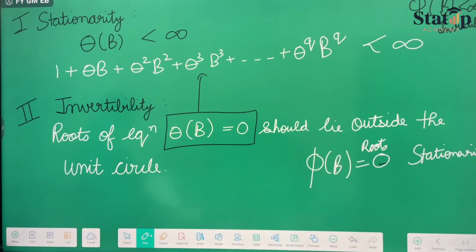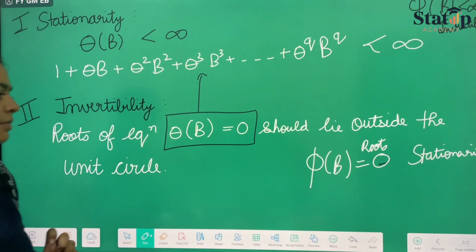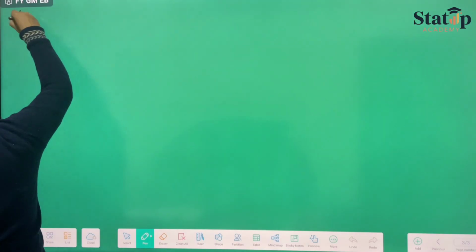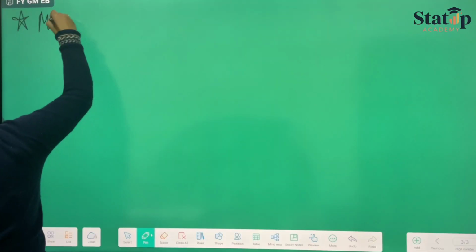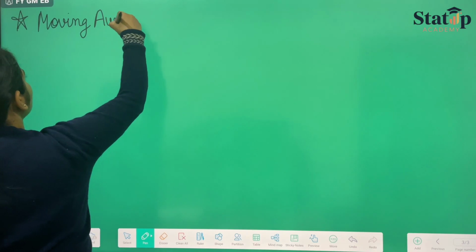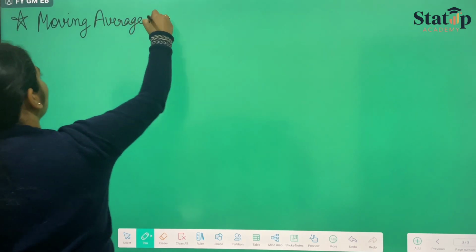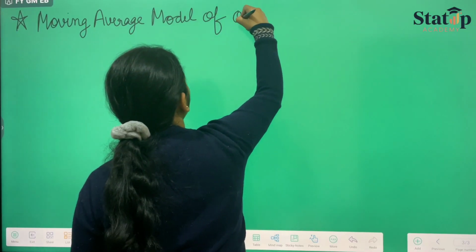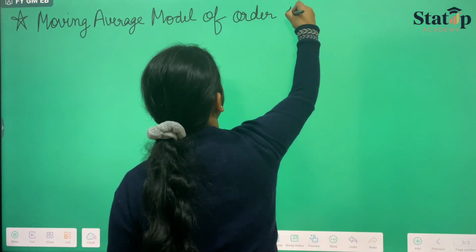Now moving forward, we'll do the moving average of order 1. We'll start with the moving average model of order 1.